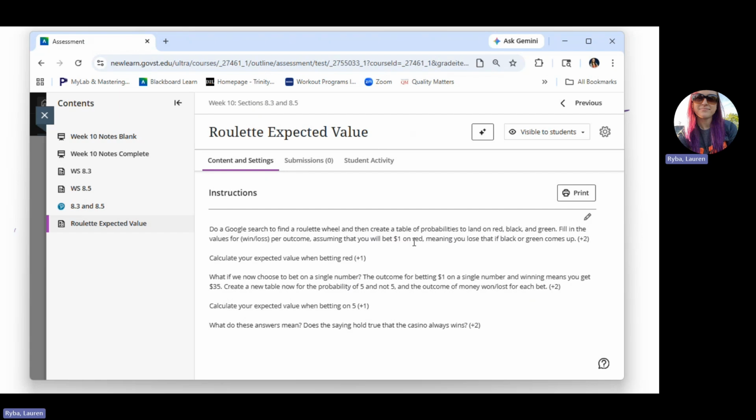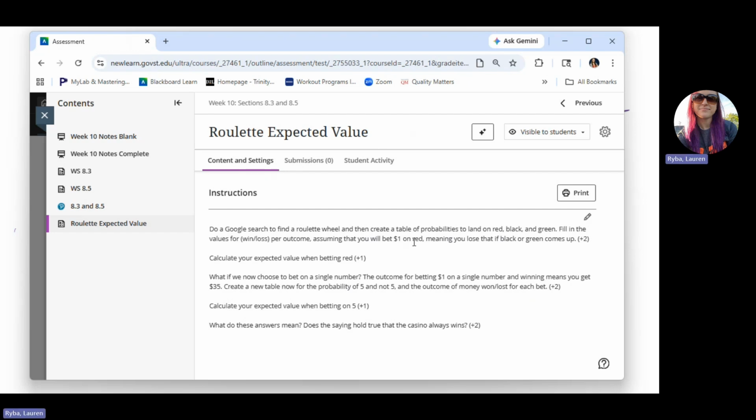So you're going to create a new table for getting a 5 or not a 5, knowing that you're betting $1, earning $35 if that 5 comes up, finding the probabilities, find your expected value, and then talk about what do these answers mean? Does the saying hold true that the casino does, in fact, always win? Do they always have the advantage?